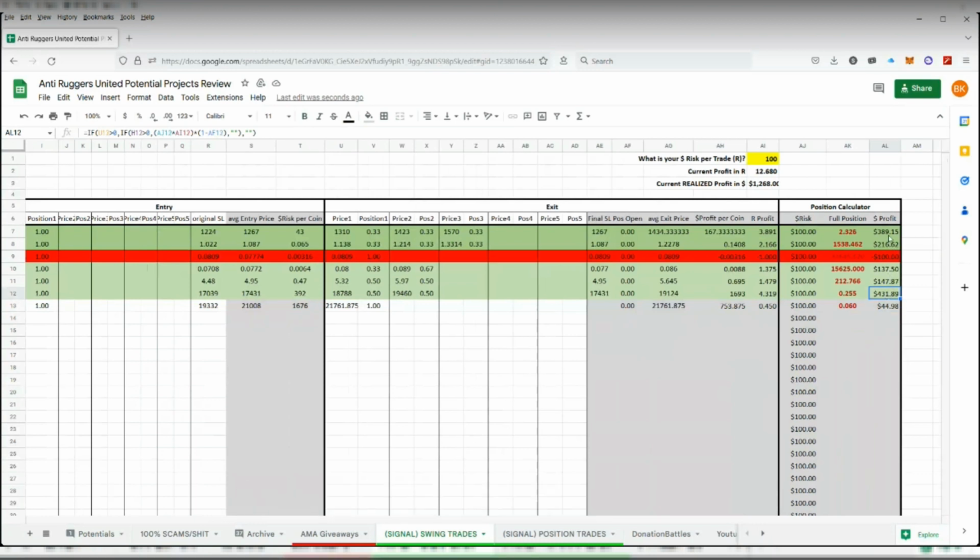But the ones that we had so far, the ones that were closed: signal 1, you would have made 389. Signal 2, you would have made 216. Signal 3 was a loss, so you lost $100. Signal 4, you made 137. Signal 5, you made 147. And signal 6, you made $431. So you would have made $1,200.